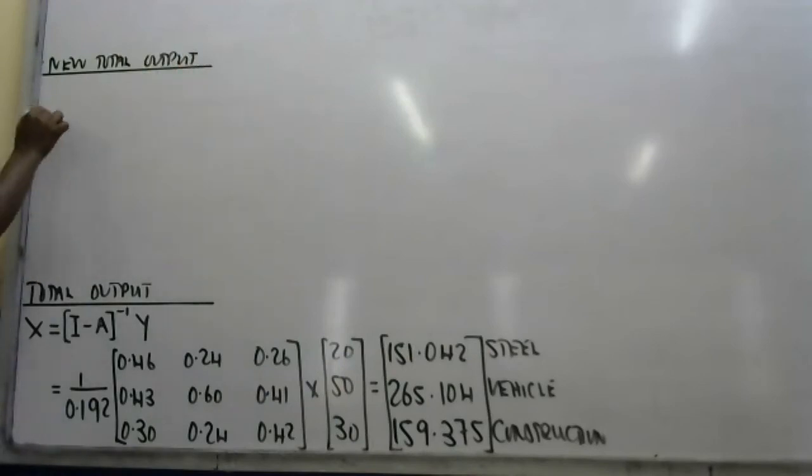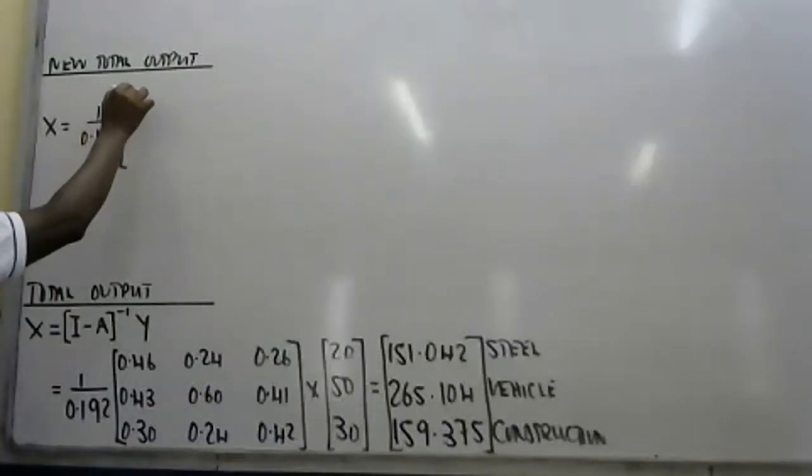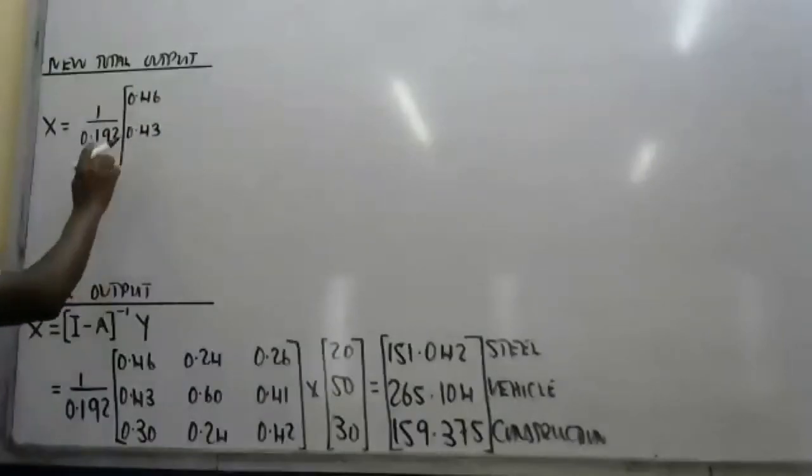is going to be X equals 1 out of 0.192. So this is 0.46, 0.43, 0.30.